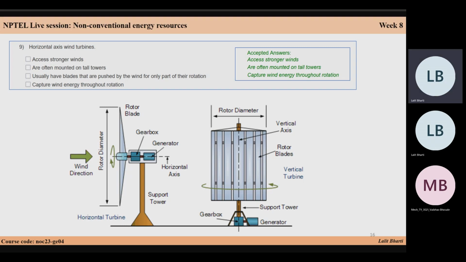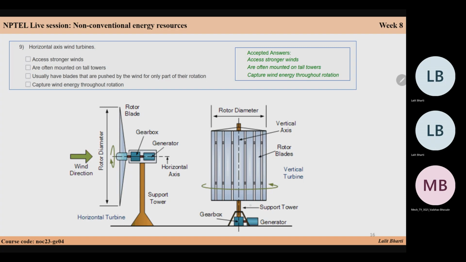It says horizontal axis wind turbines access stronger winds, are often mounted on tall towers, usually have blades that are pushed by wind for only part of the rotation, captures wind energy throughout rotation. So we can say that this is your horizontal type wind turbine, and this is your vertical type wind turbine.